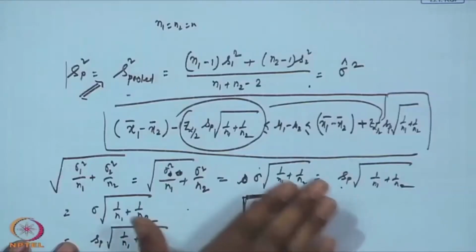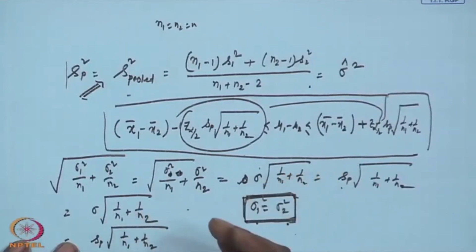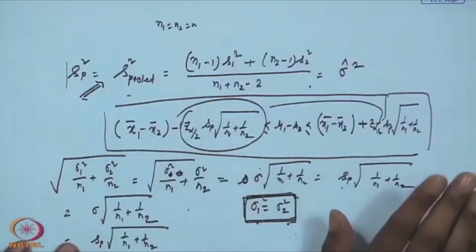So, essentially we are considering a few things: sampling from a normal population, either with known variances, or unknown variances with a large sample. When variances are not known and the sample is small, we assume that the variances are equal, use S pooled, and go for T distribution.